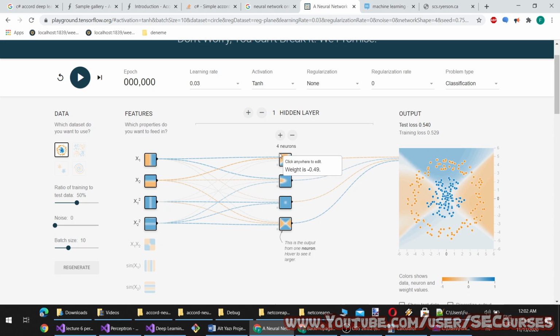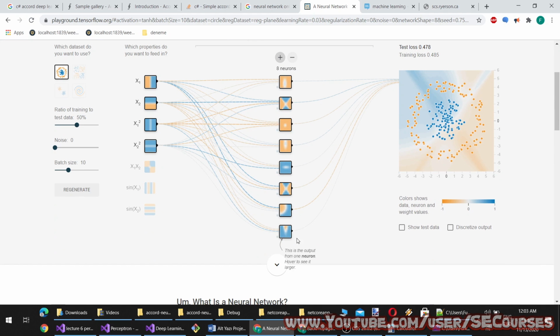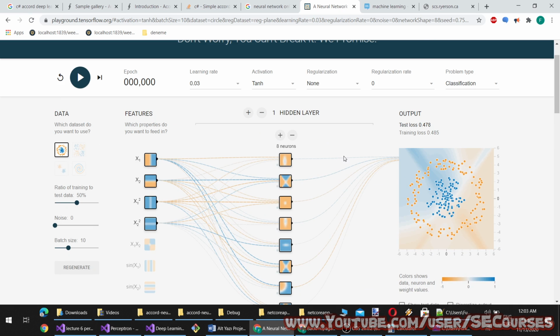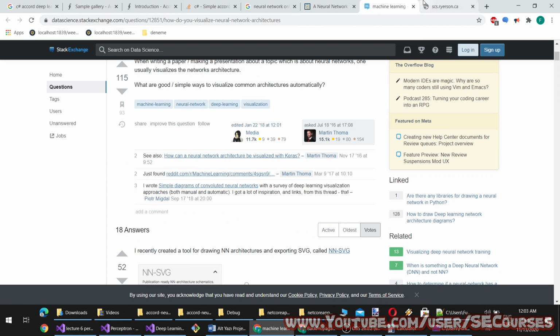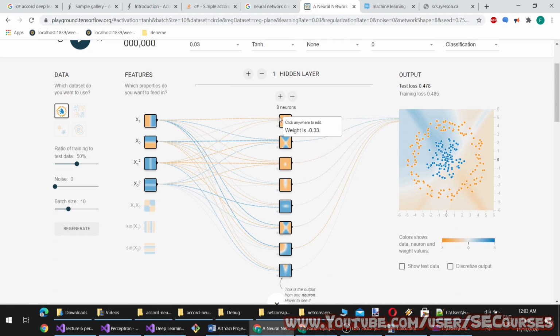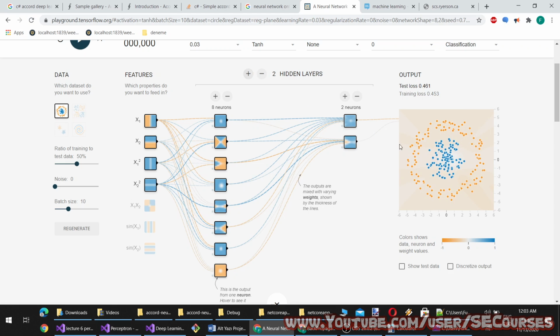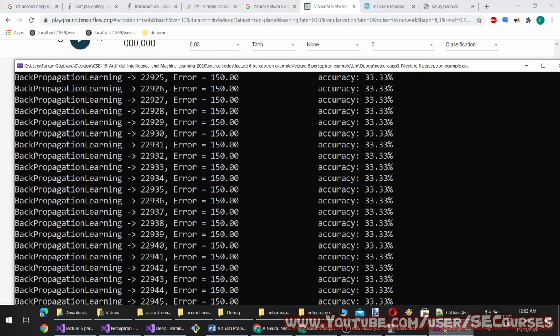We have 4 input features, and we currently have 90 neurons here. Oh, it doesn't allow putting in more neurons. And we have an output of 3. I wonder if there is any other. No, there isn't. So we currently have 90 here, 4 here, and 3 here. If I add another layer, I can show you. So we have 90 neurons here, 4 inputs here, and 3 outputs here. This is not the neurons.